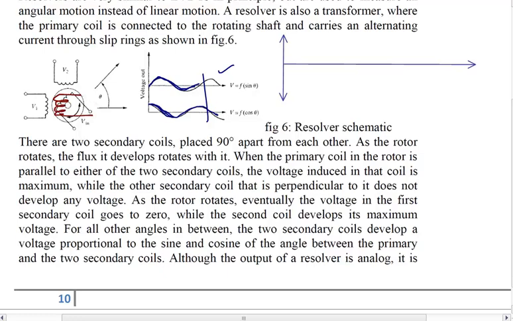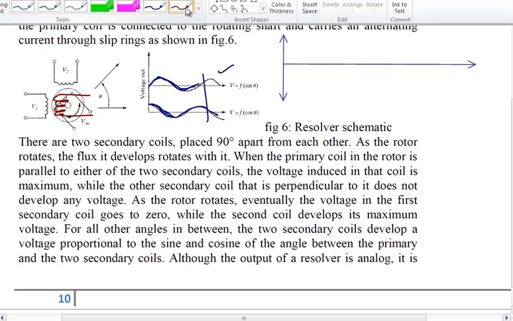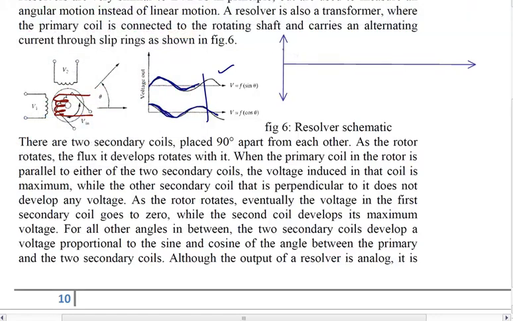The rotation is like this. So V1 will be the maximum voltage. Why? Because it is in the same direction. So the V1 voltage, which I will draw using this color, is maximum at that point. And then as this is slowly moving away, the voltage in V1 will slowly start to go down.